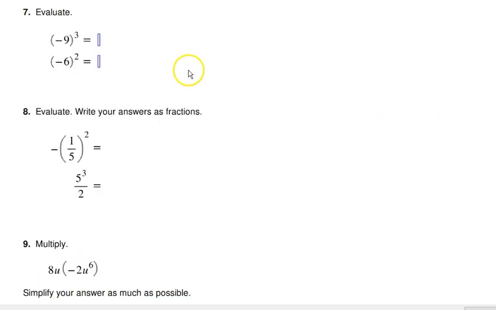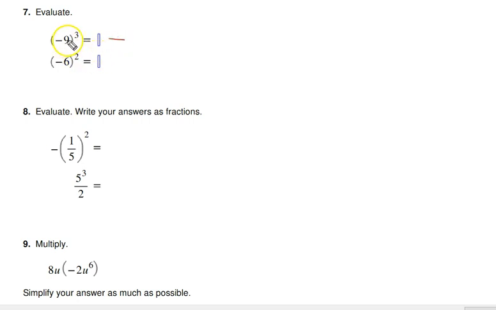Now we'll have a few short answers and just review technique. Now in parentheses we have a -9 raised to the 3rd power. So we said anytime a negative value within parentheses is raised to the 3rd power, the answer is going to be a negative something.